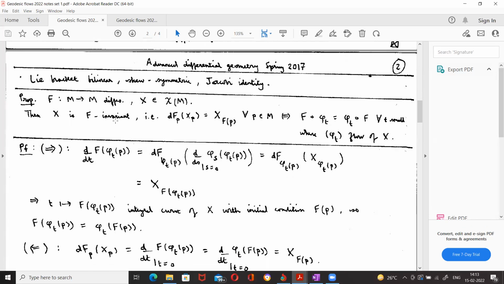Suppose f from the manifold M to itself is a diffeomorphism, and x is a smooth vector field on M. Then x is f invariant. So that means that df at P maps x at P to x at f of P.